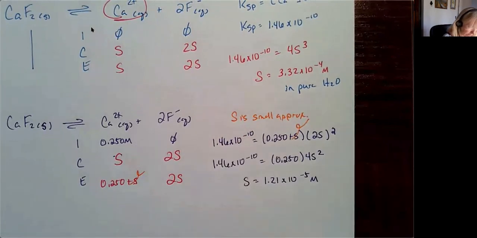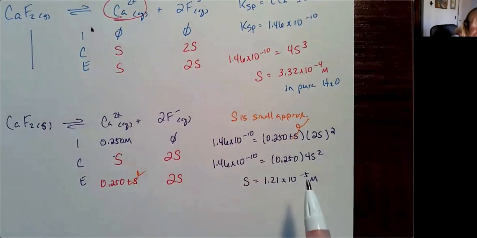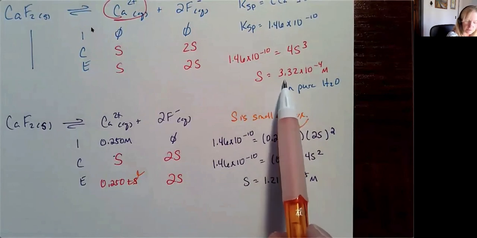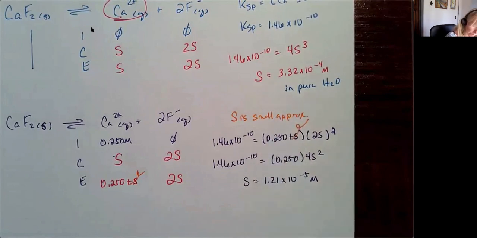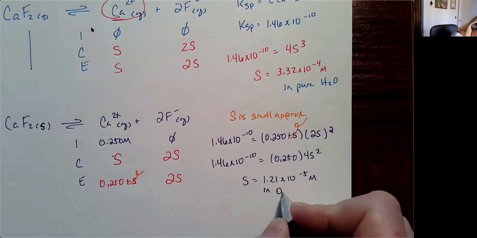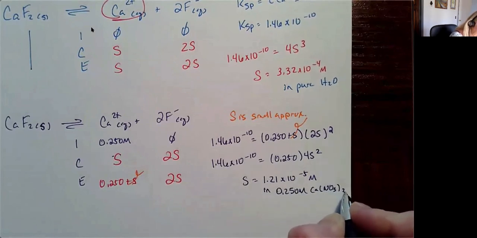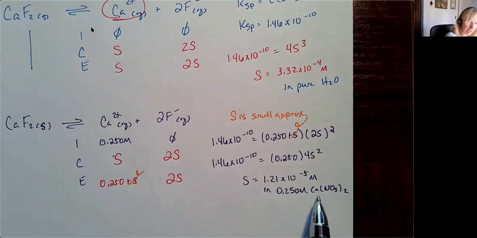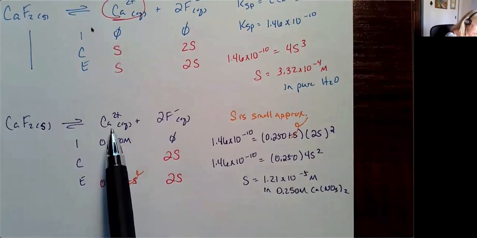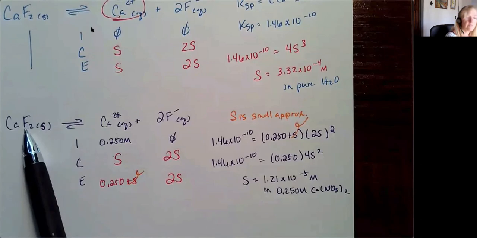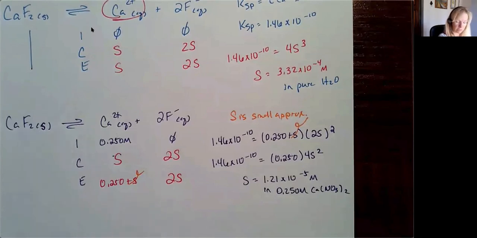Now when I calculate my molar solubility, what you see here is that it has reduced, it's gone down. So in pure water, this would be my molar solubility. This is my molar solubility in 0.250 molar calcium nitrate, because these calcium ions that are in that solution are effectively shifting the equilibrium back to the undissociated ionic compound here.